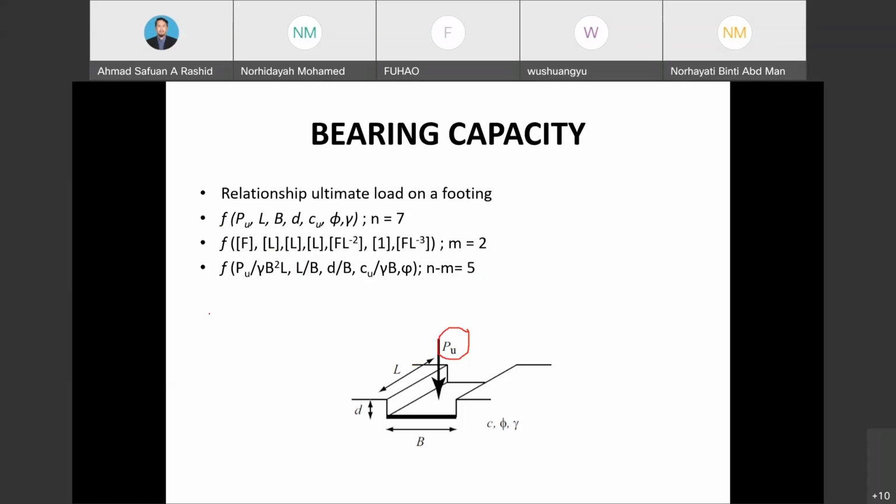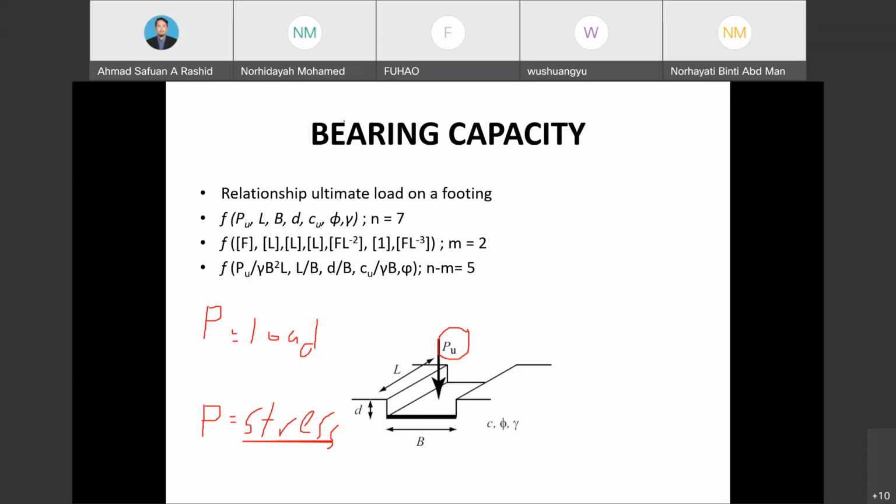Just to share, if the letter is capital, it normally refers to a load, in kilonewtons. If it is a small letter, it refers to stress, in kilonewtons per square meter or kPa. So for this case, this is the load, the ultimate load Pu.